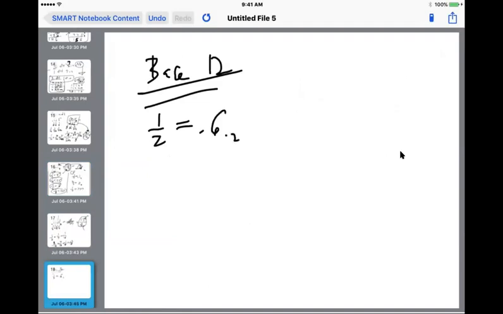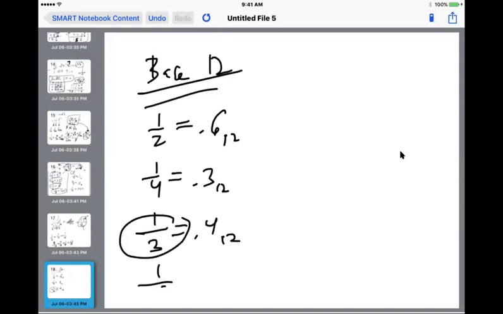In other words, 6/12. And 1/4 would be 3/12. But unlike base 10, 1/3 would be 0.4.